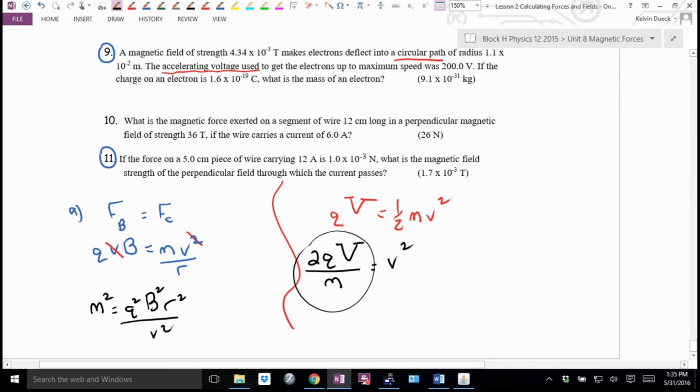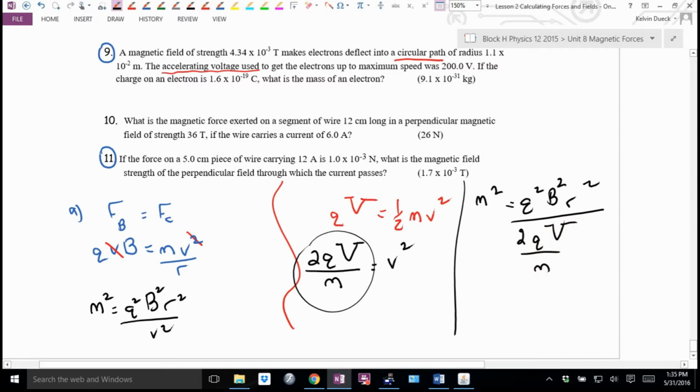Okay? So far, so good? When I do that, I'm going to get m squared equals Q squared, B squared, R squared, all over 2Q big V over m. Now I've got a fraction on the bottom. How do I divide by a fraction? It's the same as multiplying by the reciprocal.